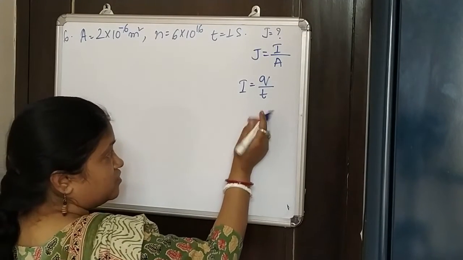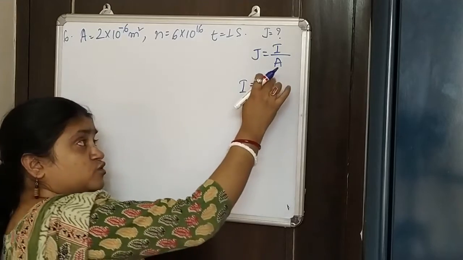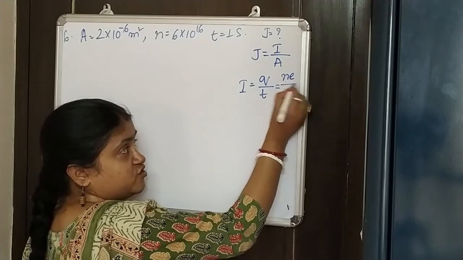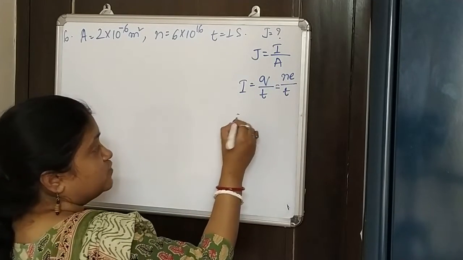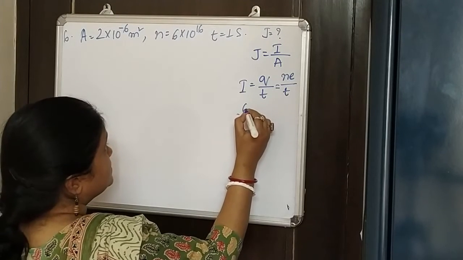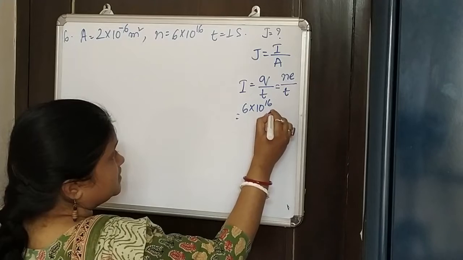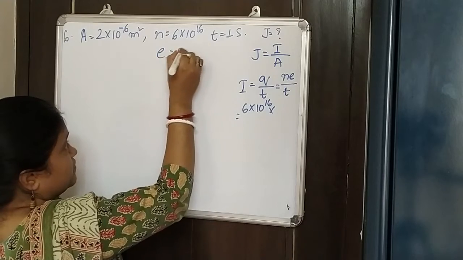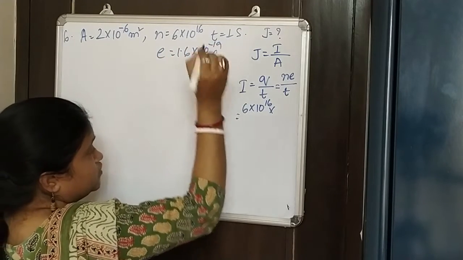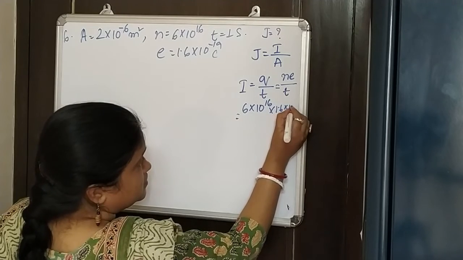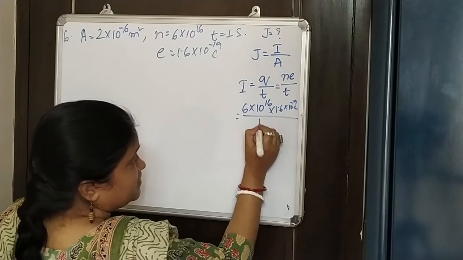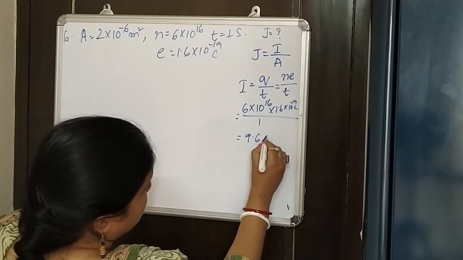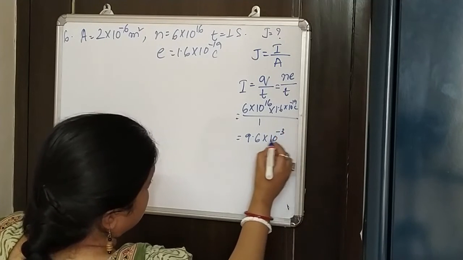Here T is already given as 1, and charge is N into E, the number of electrons into the electronic charge, divided by T. We are given the number of electrons flowing, that is 6 into 10 power 16, into the E value we already know, 1.6 into 10 power minus 19 coulomb, and T is given as 1 second. Once you calculate that, you would get 9.6 into 10 power minus 3 ampere.